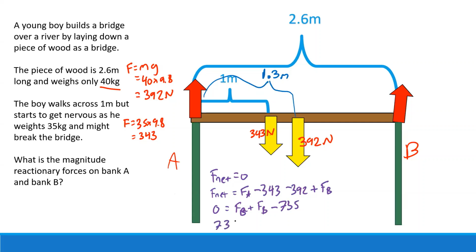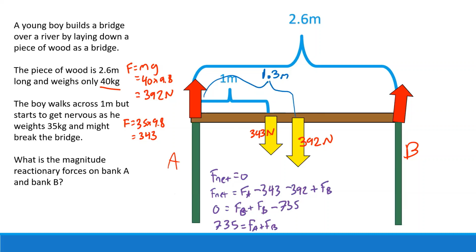So what that means is we know that in order to keep this balance, in order to stop this from sinking into the earth that it's standing on, the force of A and the force of B have to balance out the downwards force. They have to balance it out with 735 newtons.